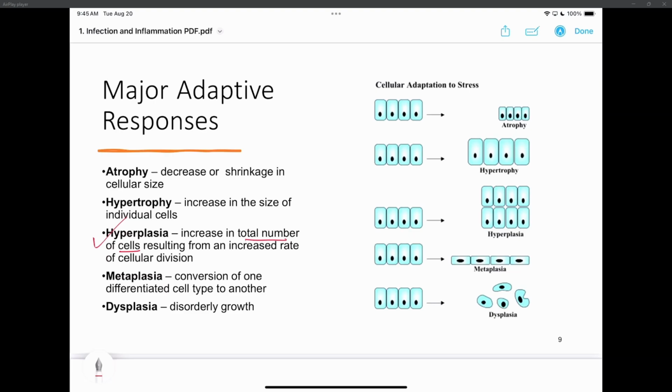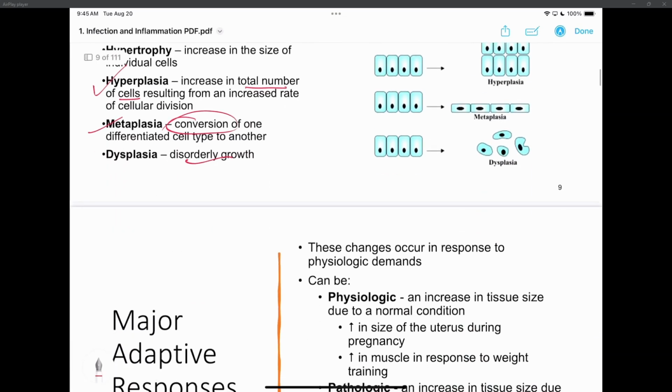So with hyperplasia, we have an abundance of cell growth. Metaplasia is a conversion of one cell type to another. A lot of your cancers cause metaplasia. And the last one is dysplasia, which is disorderly growth. You see the pictures there describing the different ones.